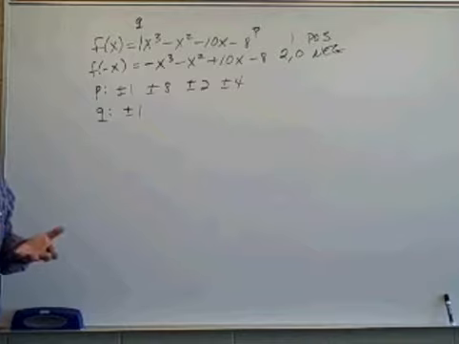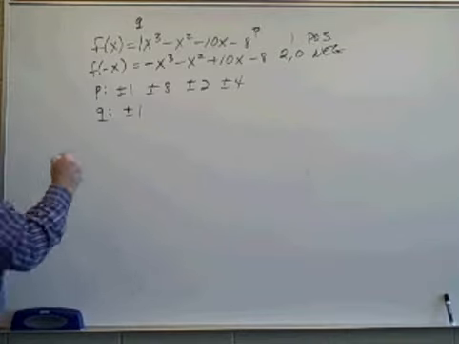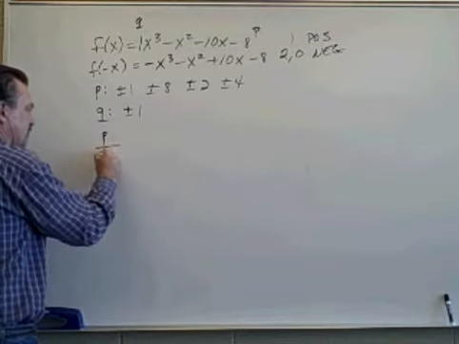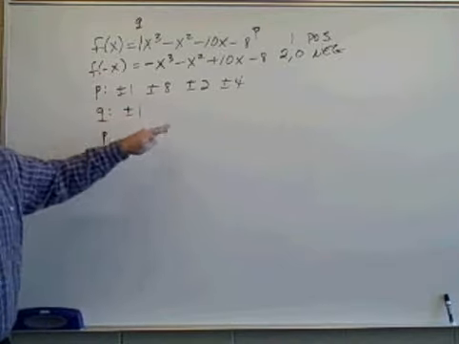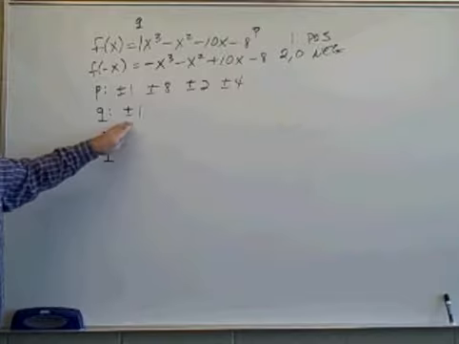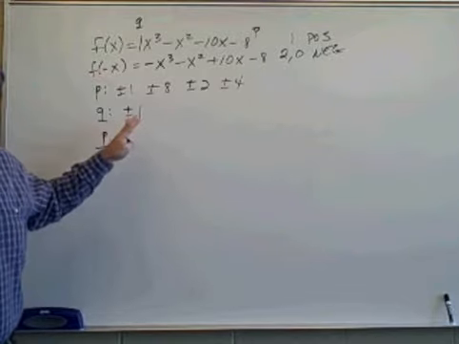And then the possible rational real roots have to come from the fractions that I can form by putting every possible P value over every possible Q value. Well, in this case, the Q value is only 1.